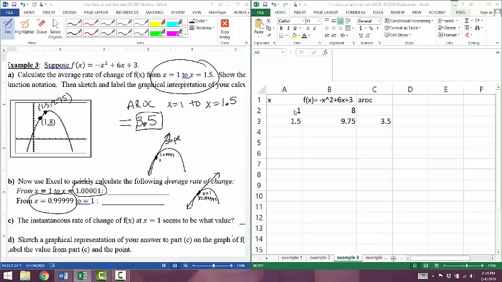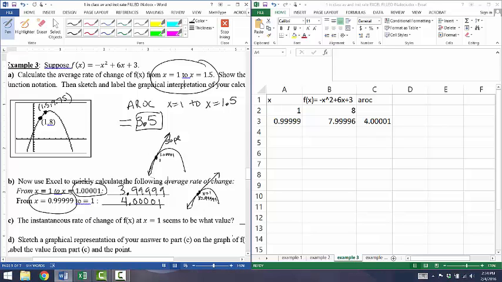Again, I'll go to Excel. I want to find the slope from x is 1 to x is 1.00001. It tells me that the slope, the average rate of change, is 3.99999. Now I'm going to do it from x is 1 to x is 0.99999. So I put that x value in Excel and I get 4.00001.